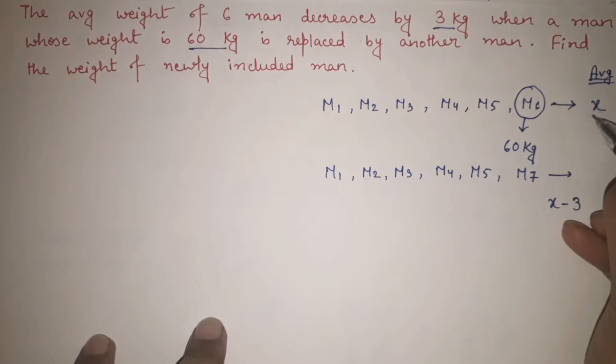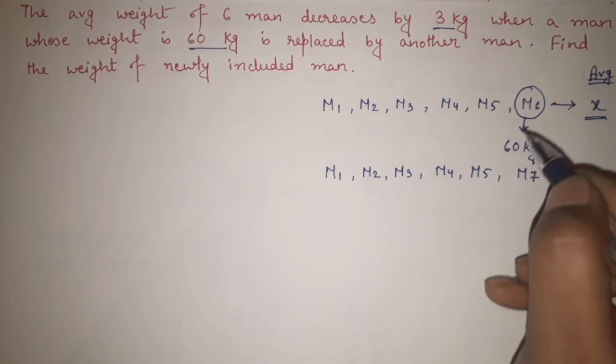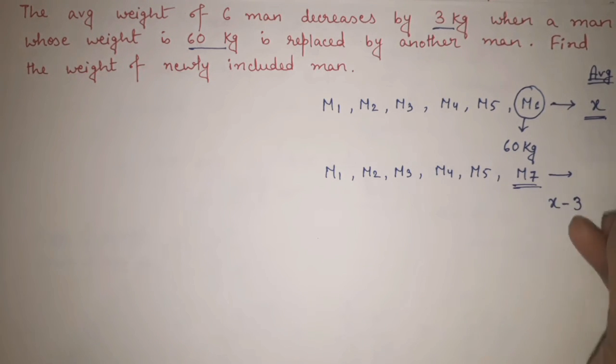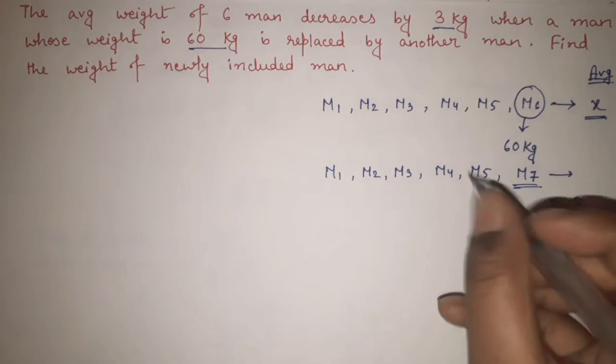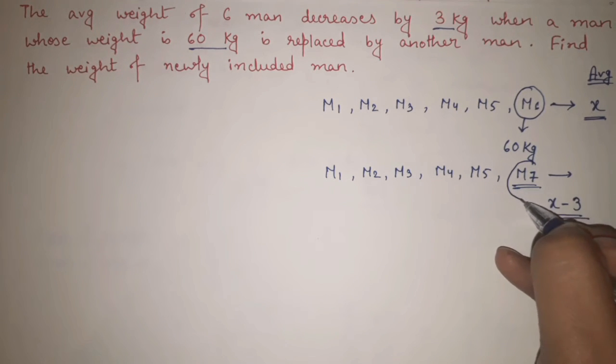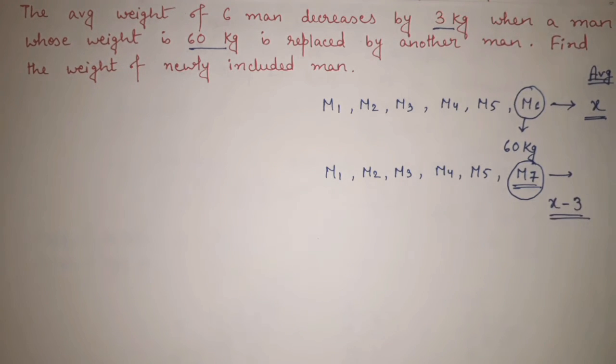Initially these 6 men had average weight X, but when we replaced this man of 60 kg and one new man came, the average weight decreased by 3 kg. So what do they want? Find the weight of newly included men. So they want to find the weight of this M7. Okay. So let's see how to do that.